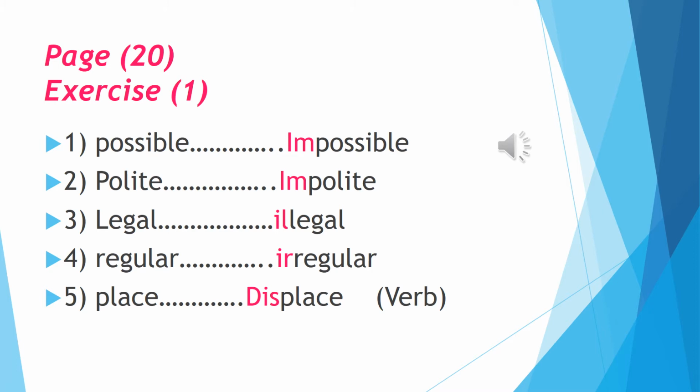Number 1 you have is possible. If we add the prefix im, it will be changed into its opposite. Possible, impossible. Polite, impolite. Legal, illegal. Regular, irregular. Place, displace, and be aware that displace is a verb. Okay? Is it clear?